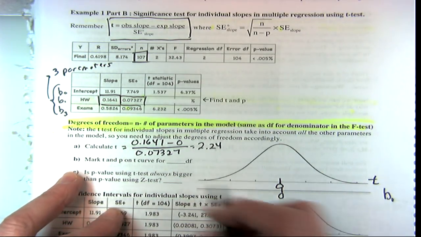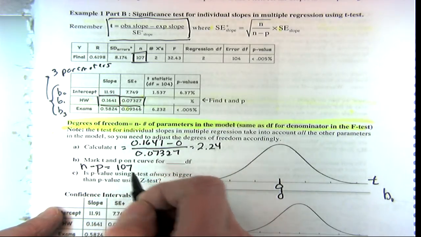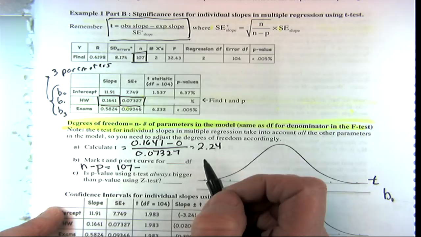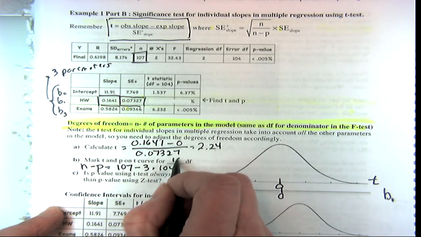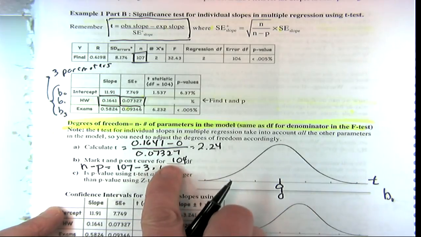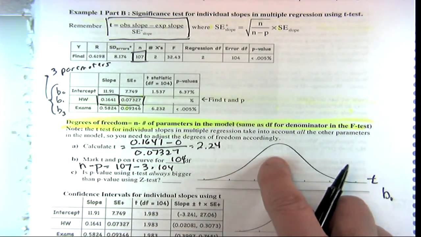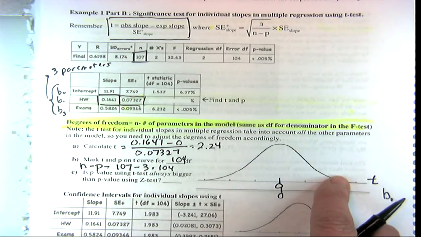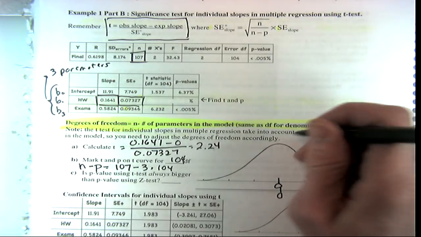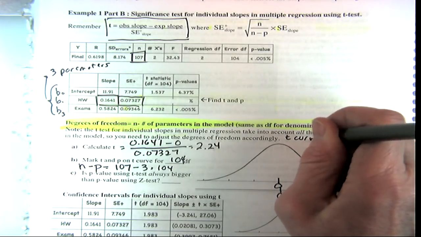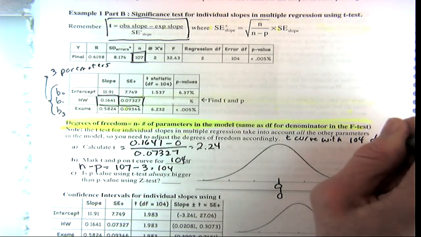And so our degrees of freedom are n minus p, which is 107 minus 3. So we have to look at 104. So we have to look at a t-curve. This is the t-curve with 104 degrees of freedom.